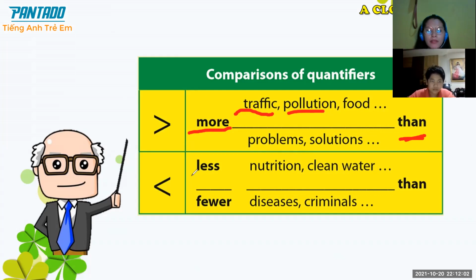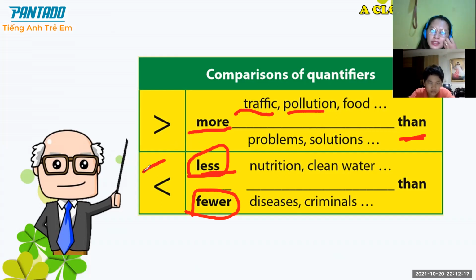We also have less, fewer. When you say less, it means it's negative or decreasing. You say more, that is positive. Less is negative and decreasing.